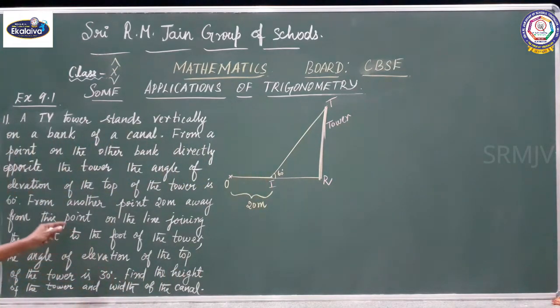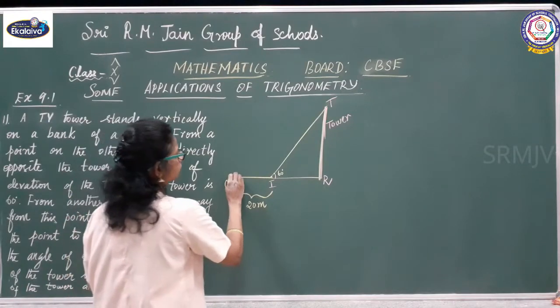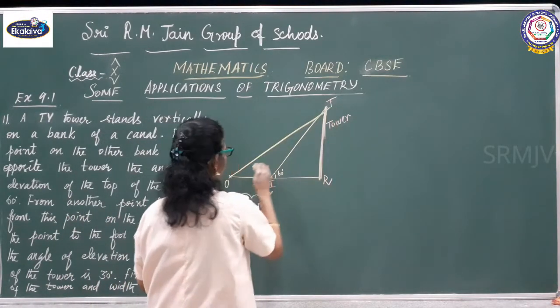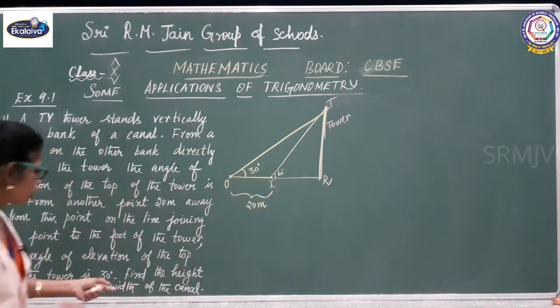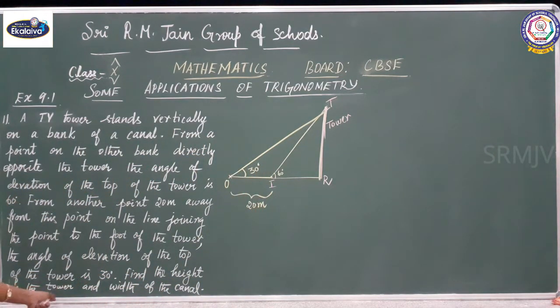Got it? 20 meter away from this point on the line joining the point to the foot of the tower, the angle of elevation of the top of the tower is 30 degree, right? This is 30 degree. They are asking to find the height of the tower and the width of the canal, right?